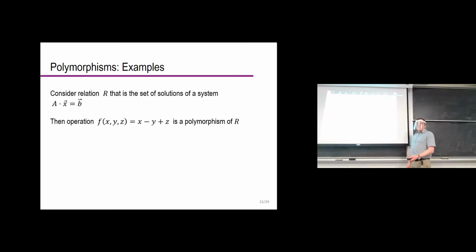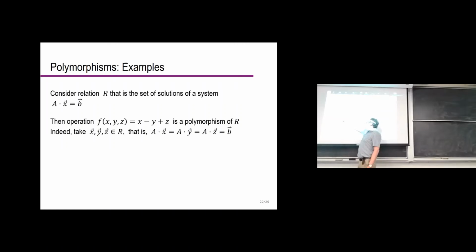Let's check. We don't need to substitute any tuples because that's linear algebra. So what do I need to do? I need to take three tuples from R, which means that if I substitute them in the system, I get solutions.